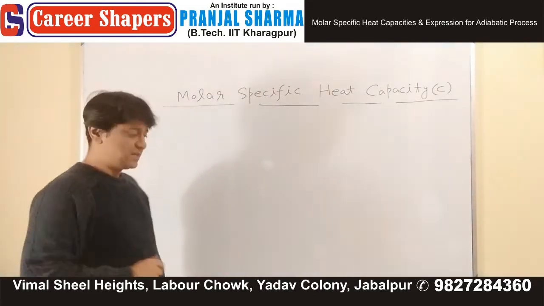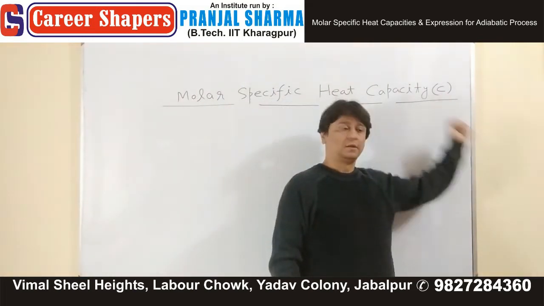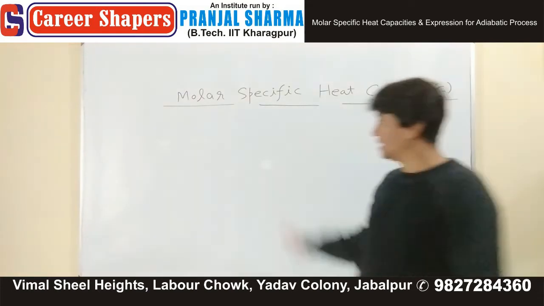What is molar specific heat capacity? First of all, it is represented by C. Now, write down the definition of molar specific heat capacity, and then everything will be clear.